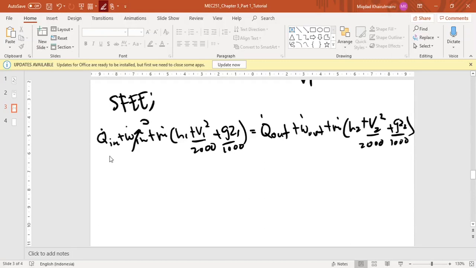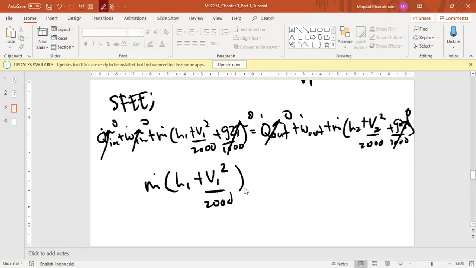So work in is 0, adiabatic turbine so Q in, Q out is 0, and we have neglected potential energy.